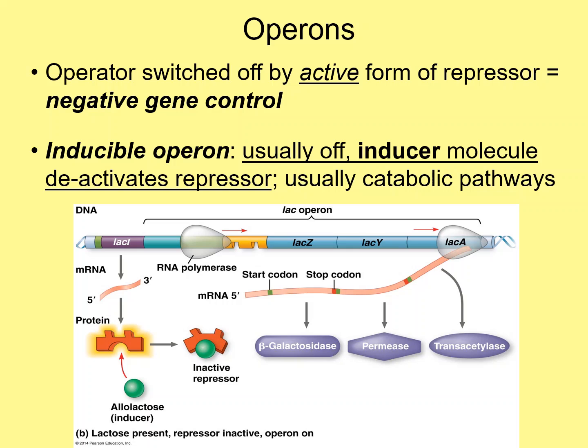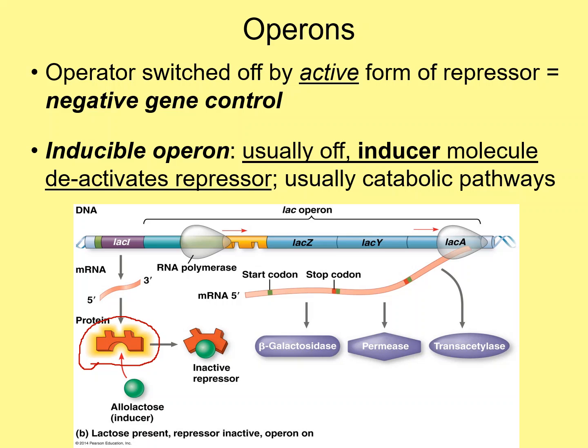If the repressor is not active, then it doesn't have the right shape to bind to the operator, and therefore the operon is on, if the operator is free. So in an inducible operon, the repressor molecule here is produced, and this is why it looks sort of shiny, it sort of looks like it's glowing. So it's produced in the active form.